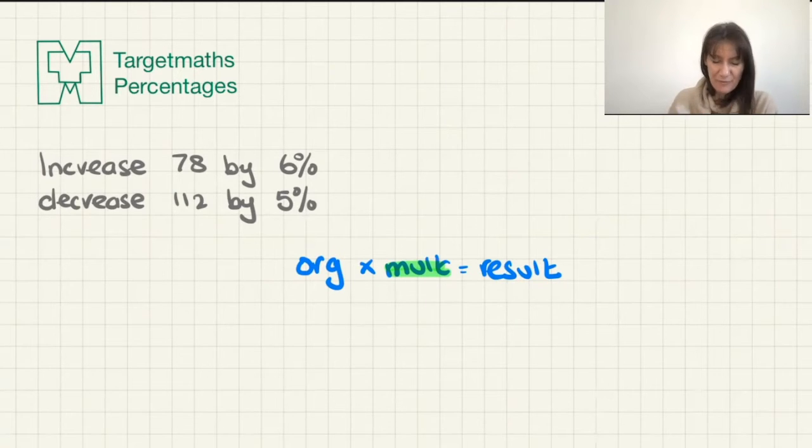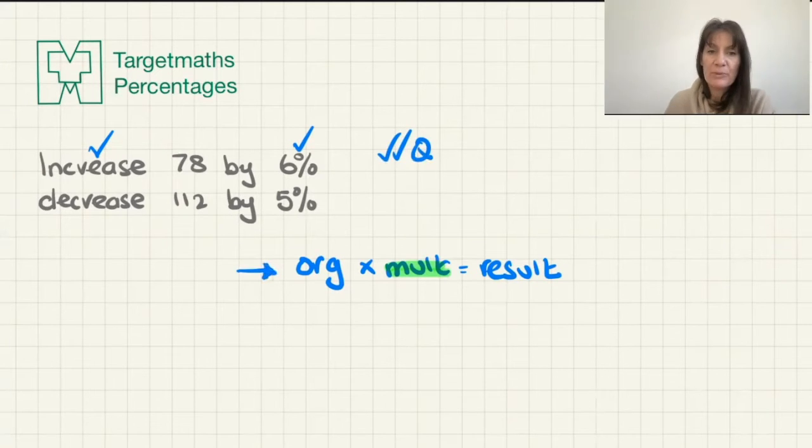So when it's very straightforward, easy to read a question like this, increase 78 by 6%. When I read that question, I have an increase and I have a percentage. And a 2-tick question means I use this formula.